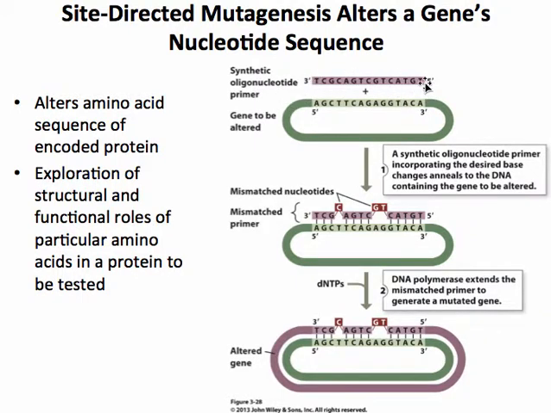An oligonucleotide is generally a sequence of nucleotides that's between 10 to 20 nucleotides long. And we can mismatch nucleotides in here. So we can mutate this sequence via PCR. We can change the nucleotide sequence in it. So here you can see is our mismatched oligonucleotide.